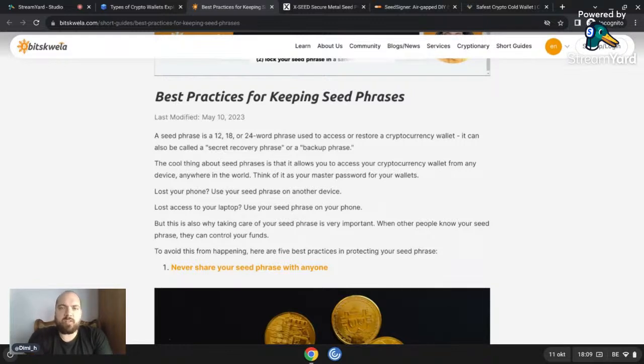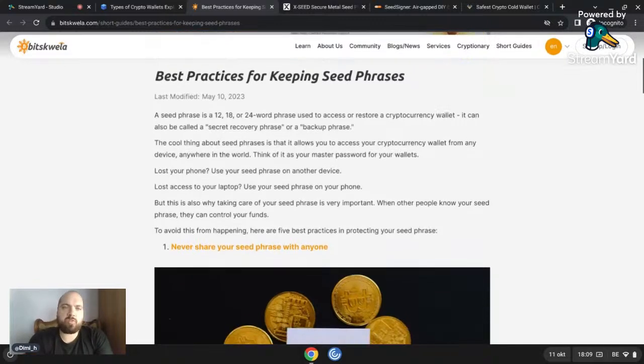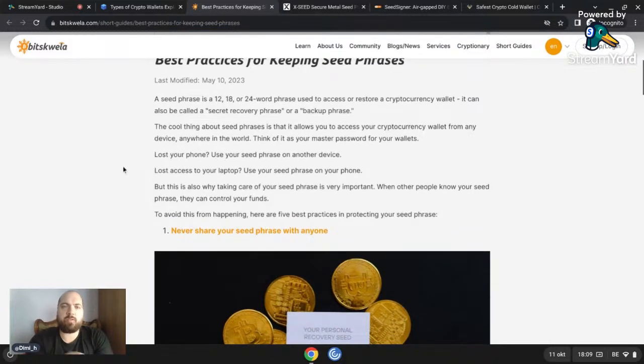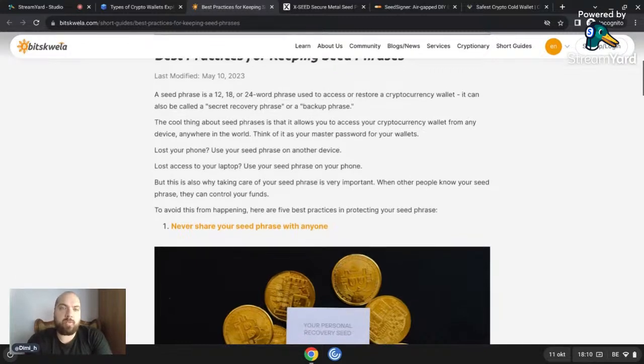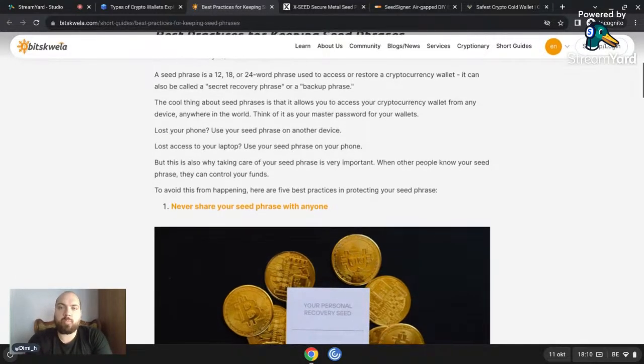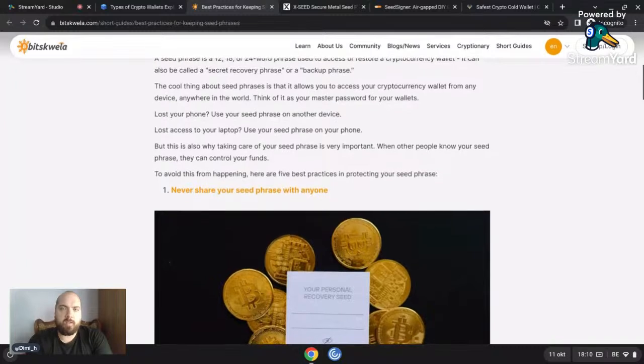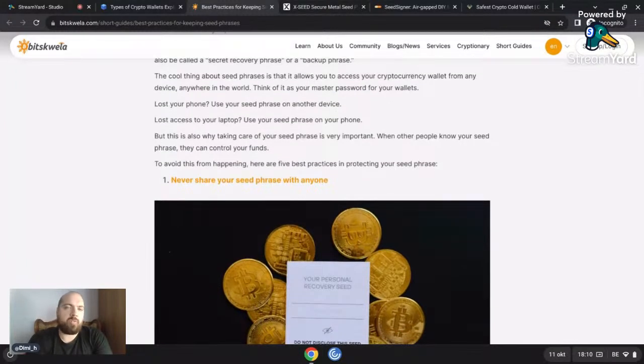Access is your seed phrase, which, as you can see here, is 12, 18, or 24 words. It is a phrase used to access or restore a cryptocurrency wallet and can also be called a secret recovery phrase or a backup phrase. The cool thing about a seed phrase is that it allows you to access your cryptocurrency wallet from any device anywhere in the world. Think of it as your master password for wallets, your wallet being nothing more than the gateway towards your, well, credits.